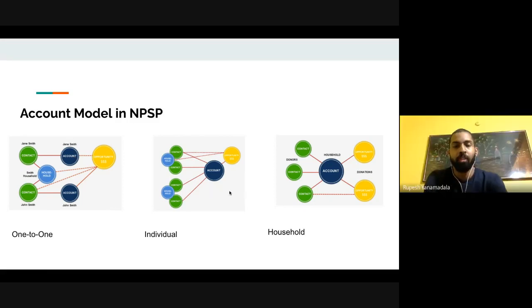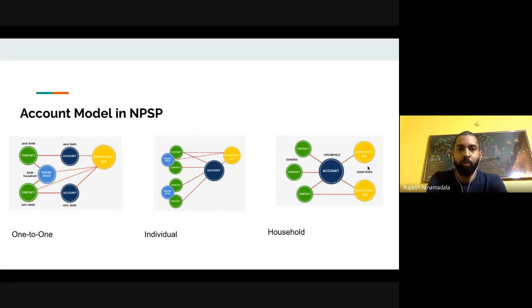In individuals, let's take me. I'm not married, but let's consider I take my spouse's family. So this is one household which is mine, and this is another household, my spouse's. Let's say Rupesh, Chandu, Sushmita, and Srinu. They all have one common account with two different household objects, but any donation made through these four contacts will be an opportunity linked to this particular account.